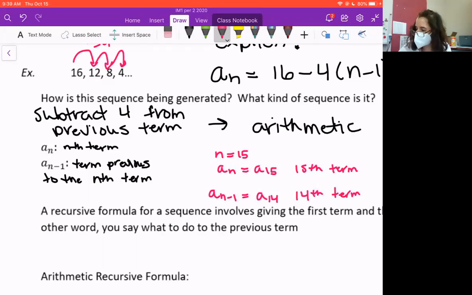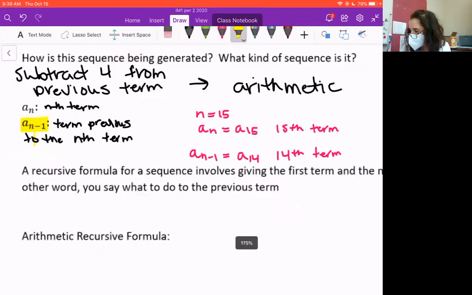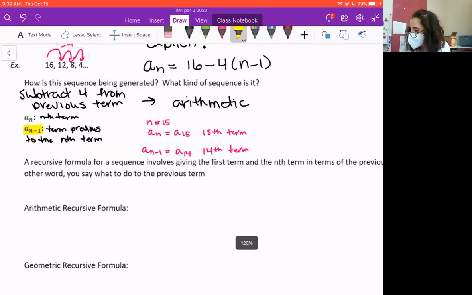So this is just a notation here of the previous term. We're not multiplying anything there. We're not doing anything with that. That is just the notation to mean the previous term to the one that we're dealing with. If we're dealing with the 5th term, that highlighted one is the 4th term. If I'm trying to figure out the 15th term, that highlighted term there is the 14th term. It's just a way for us to say the previous term.